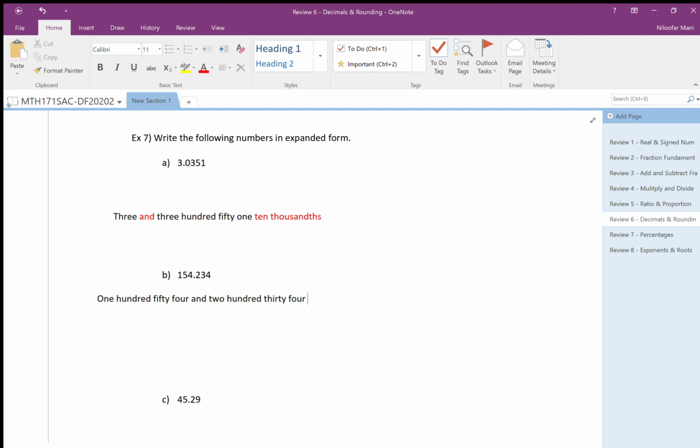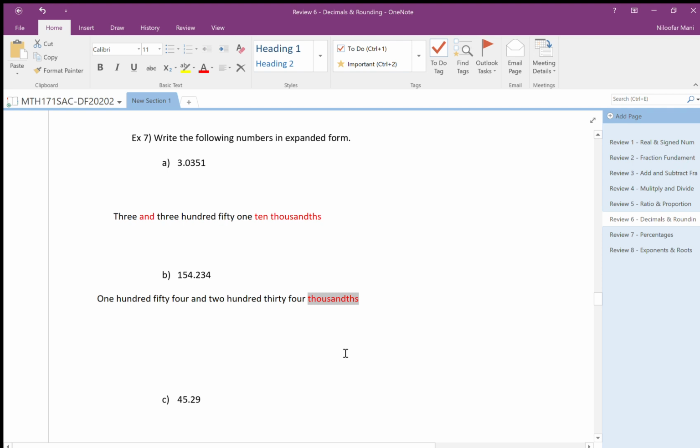The first one, which is 2, is tenths, hundredths, thousandths. So now you write 1000 here. Thousandths.